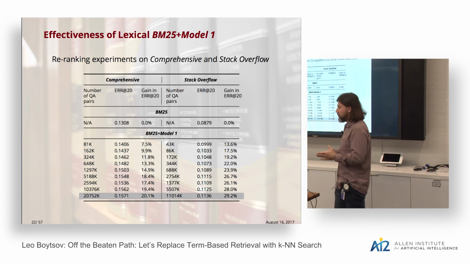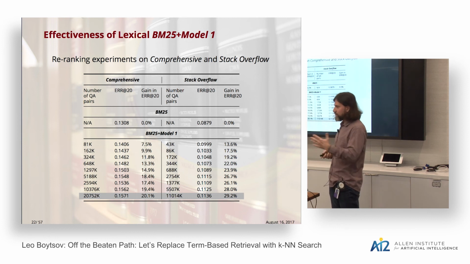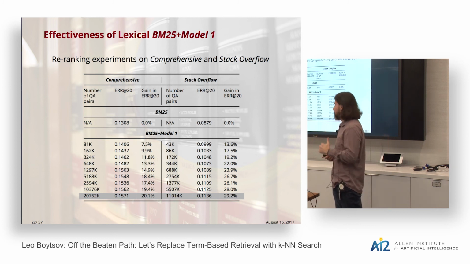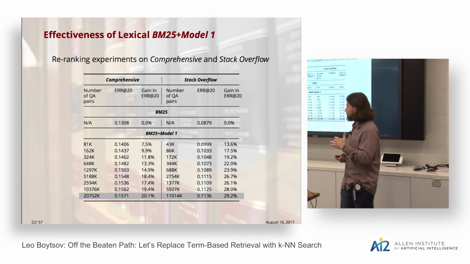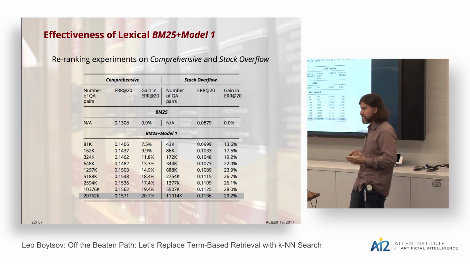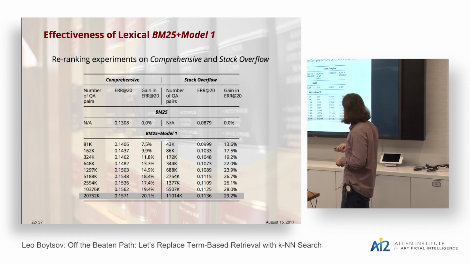What is remarkable here is how far you can get. It's definitely not new knowledge that using more data can dramatically improve the performance of your machine learning model. But I think it's remarkable how much you can get from using millions of QA pairs instead of thousands, okay? And I haven't seen this in prior publications, actually.